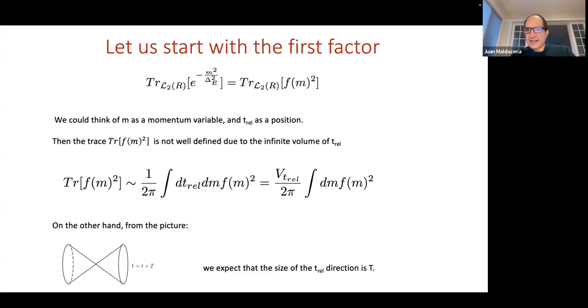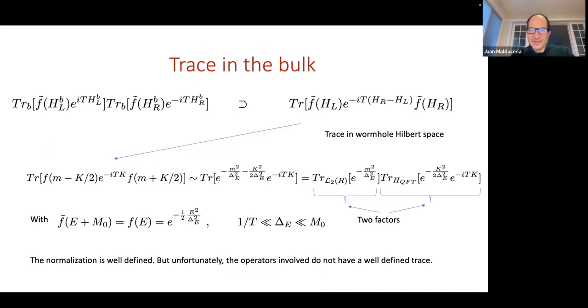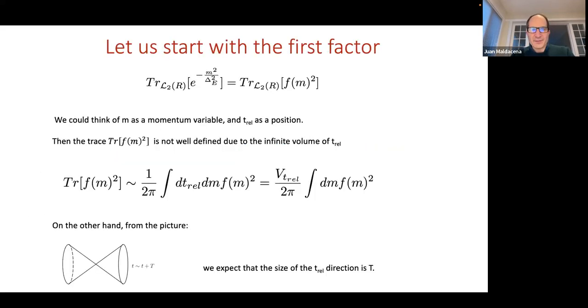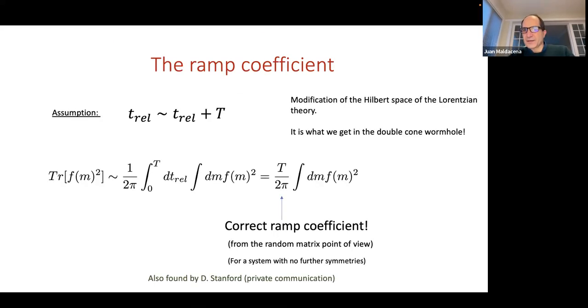We have not justified the compactification of this time direction from the point of view of this trace in the Hilbert space, but we justified it from the point of view of the gravity computation. And so, in other words, we are saying that if you do the path integral on this geometry, you will get a normalization for this path integral, which will be the same as if you were computing that trace, except for the compactification of the time direction. Okay, that's what we are saying.